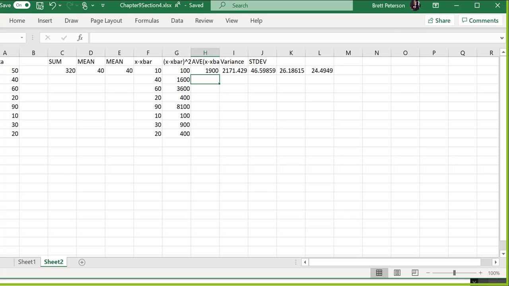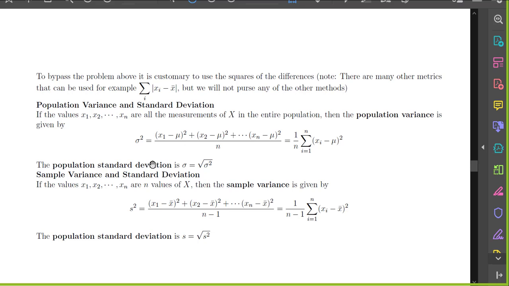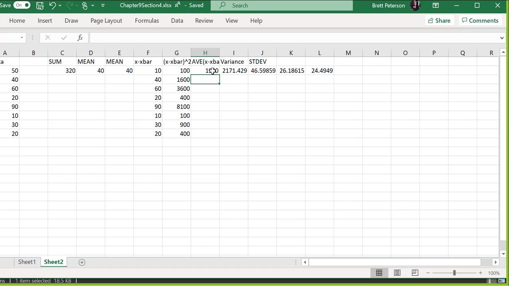Formula is, and this one, if we take the square root, something is not adding up here.